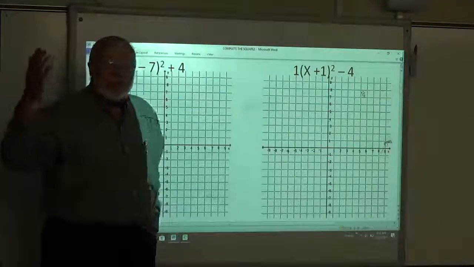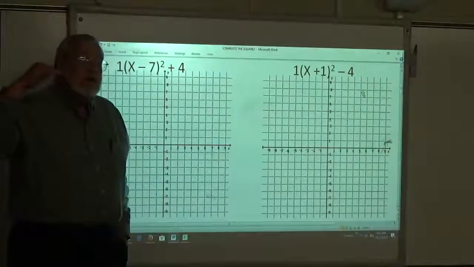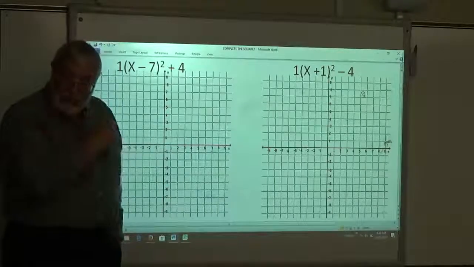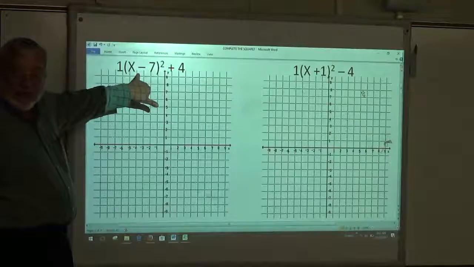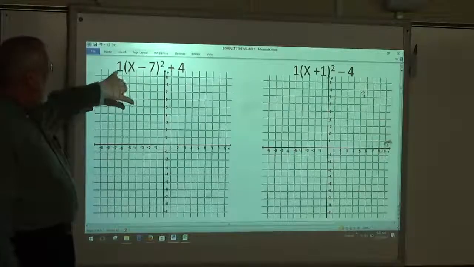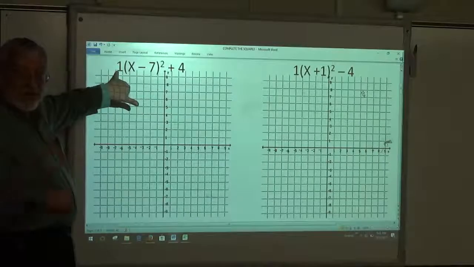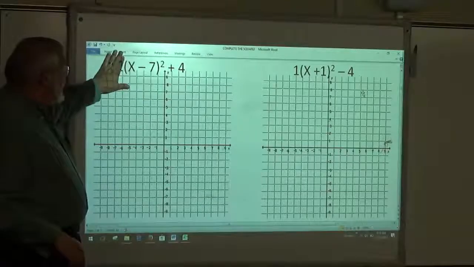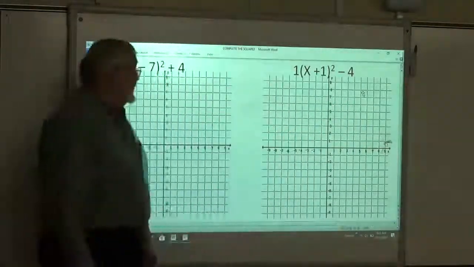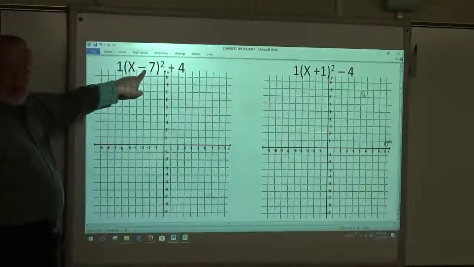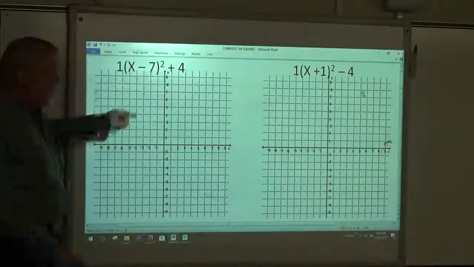Okay, now we're going to go back to vertex form. This is what we did when we completed the square. Now, what is the vertex? 7, 4. Opposite of this, same as this, 7, 4.